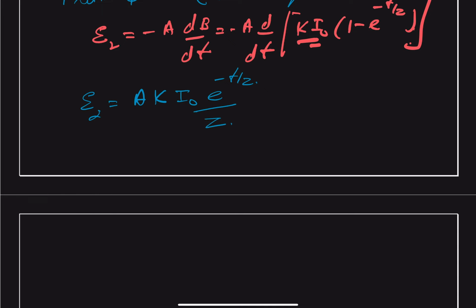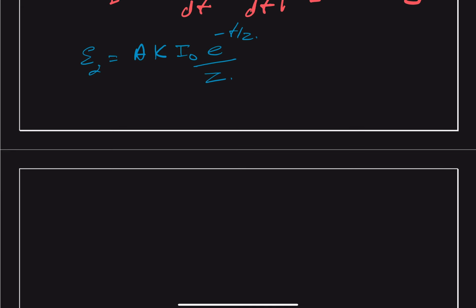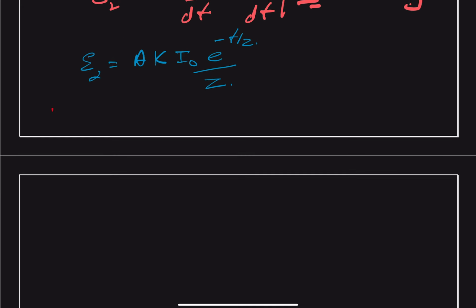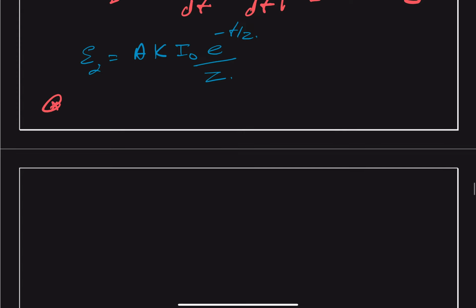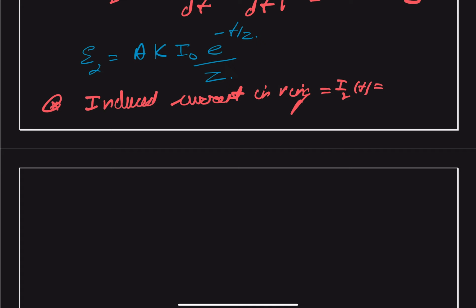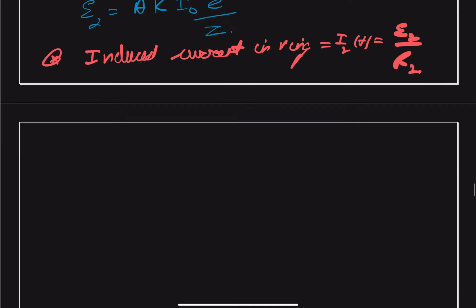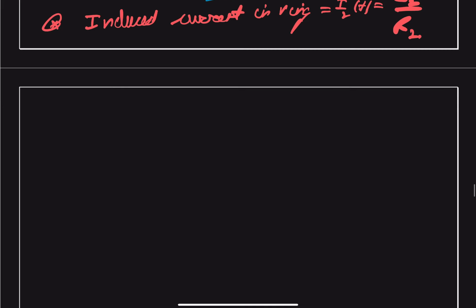Therefore, the induced current I2 in the ring, which is our I2 of t, will be equal to the induced EMF divided by resistance, where R2 is the resistance of the ring.